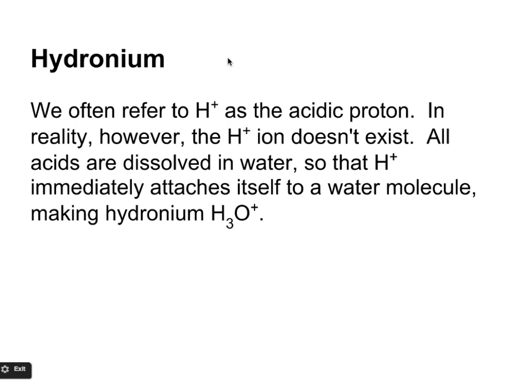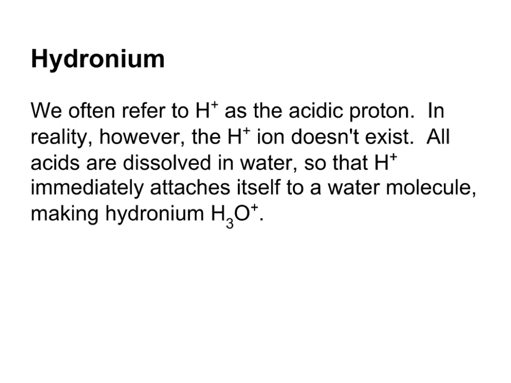Now earlier I said you need to remember that the hydrogen ion is just a proton, because the hydrogen atom is one proton, one electron, and it's given away that one electron, so all that's left is the one proton. It's often called the acidic proton. In reality, however, that hydrogen ion doesn't exist. It's not just one free-floating proton.